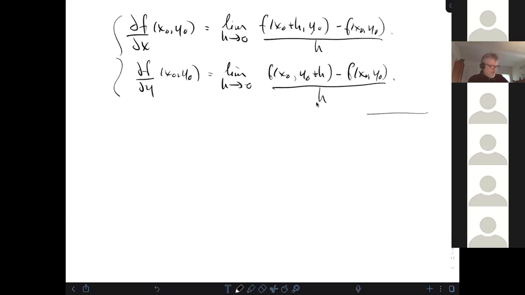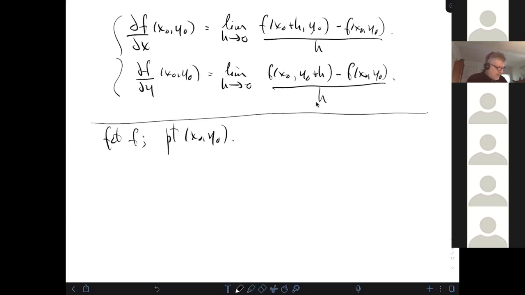Okay. But now I'd like to take some arbitrary direction and do the same thing. So how do we do this? We have our function f, we have a point x0, y0, and now I'm going to choose a direction. What's a direction?